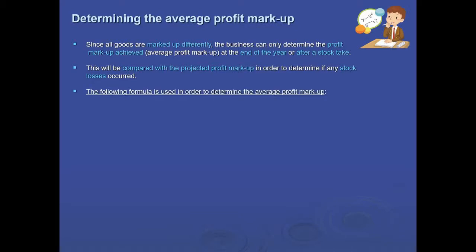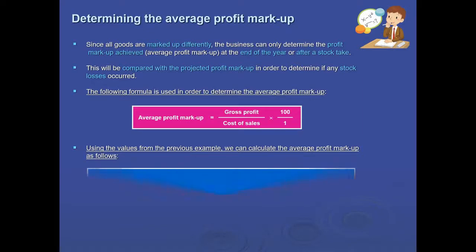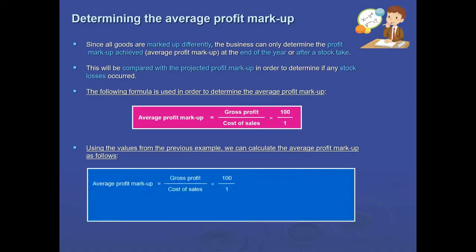The following formula is used in order to determine the average profit markup. So the average profit markup in equation form is the gross profit divided by the cost of sales times 100 over 1.